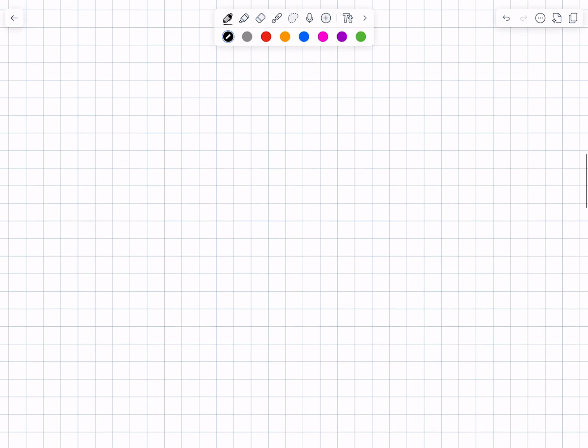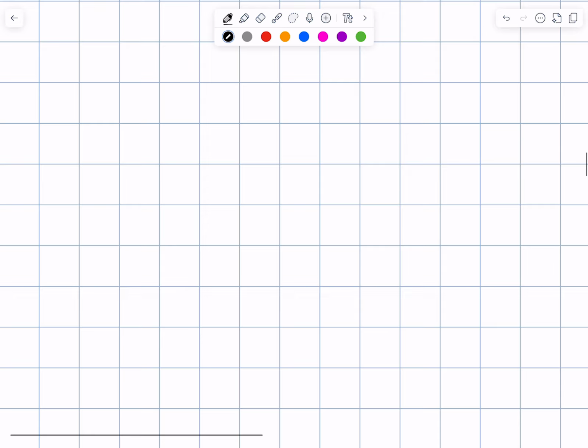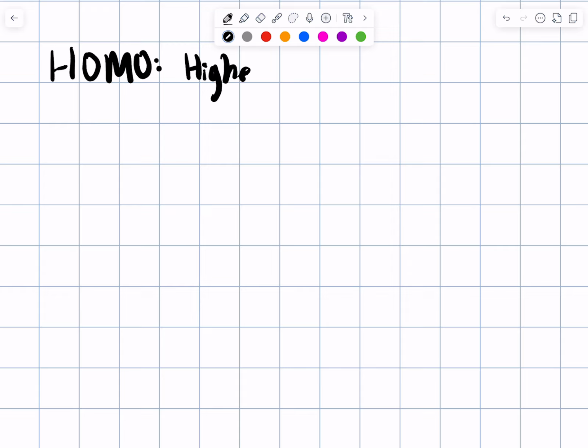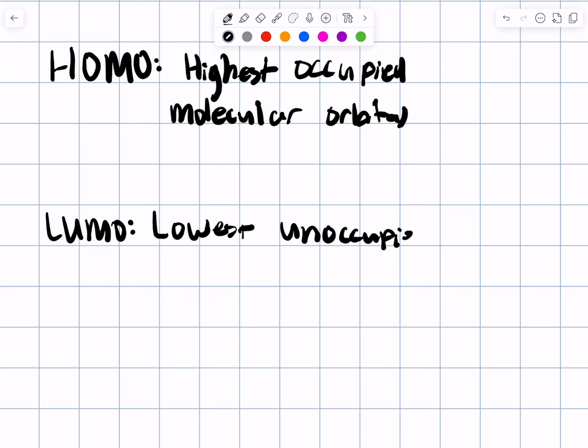So as a quick review, a HOMO is a highest occupied molecular orbital, while a LUMO is a lowest unoccupied molecular orbital.